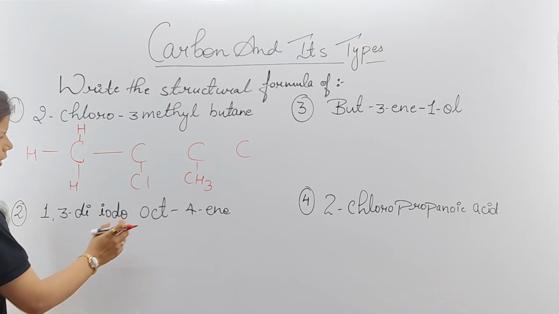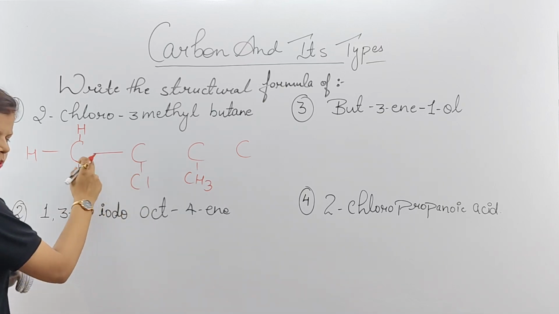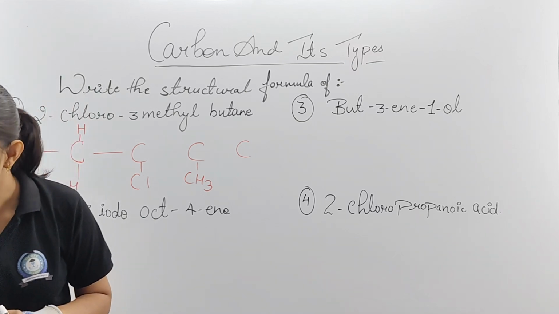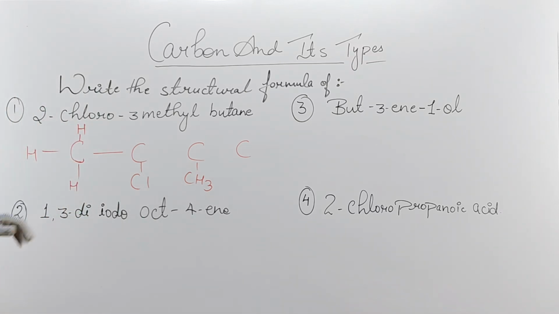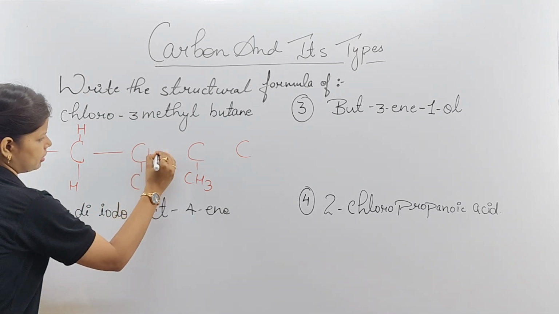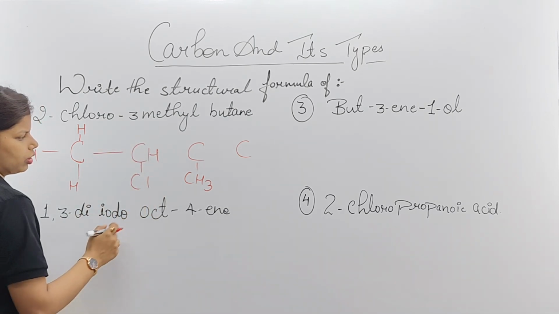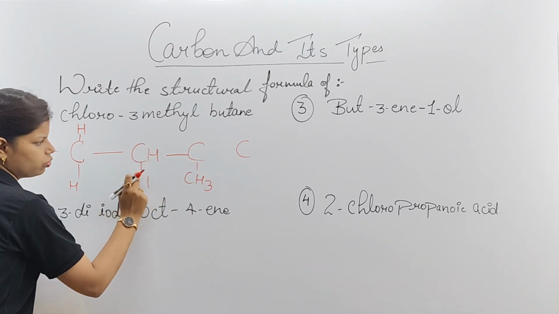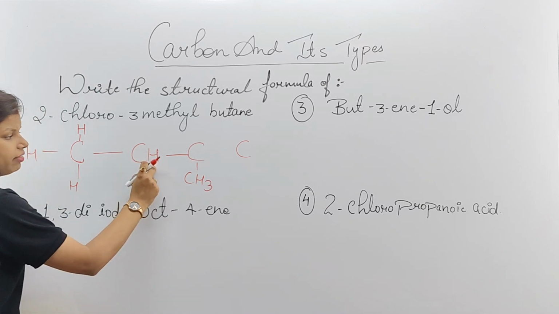Now move to the other part of yours. What have you noticed from here? Now this carbon, already 2 of its pairs are being shared. Now how many pairs are left with it? CH2. So here you have both the options. You can write it like this: one carbon is being shared with hydrogen, 1, 2, 3, and one with hydrogen, that will be your 4.